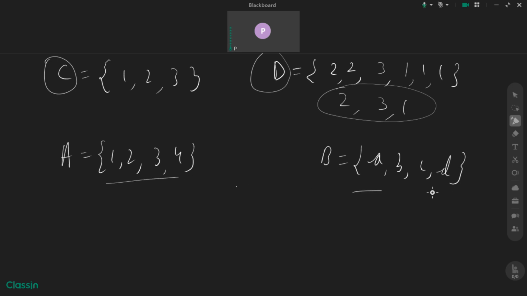They have four elements. The number of elements is the same, but the elements are different. So I will say that these two sets are equivalent. So equivalent sets are those which have the same number of elements, but the elements are not the same, while for equal sets the number should be the same and the elements should also be the same. So this was about equal and equivalent sets.